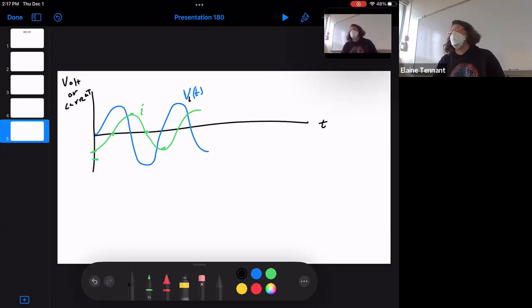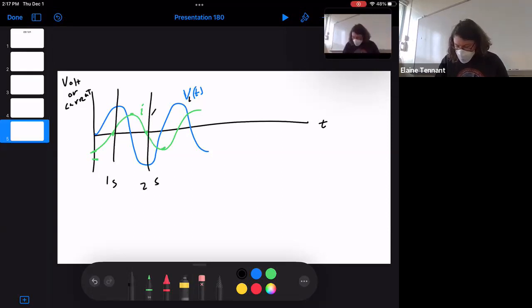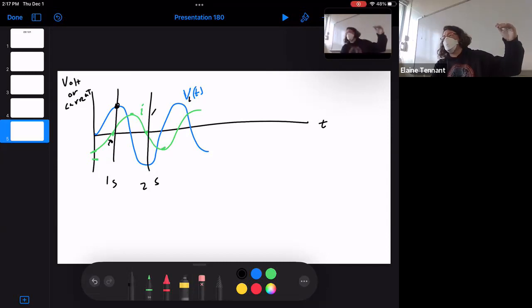If you think of this as 1 second and this as 2 seconds, am I doing this right? I think I am. My voltage hits its peak, and then a second later, my current hits its peak. So my voltage is leading my current. Sound okay? And in fact, it is leading my current by 90 degrees.